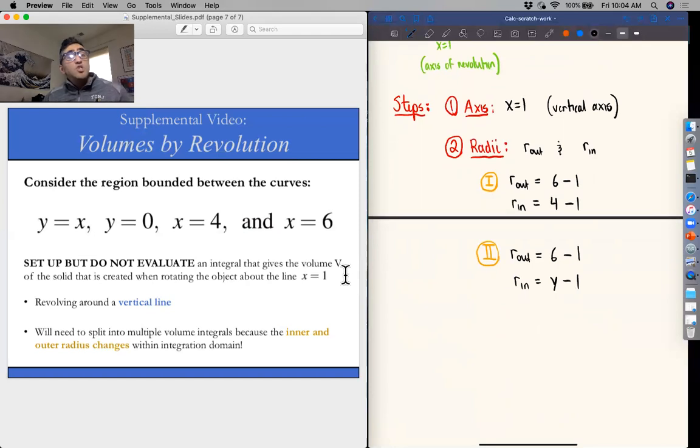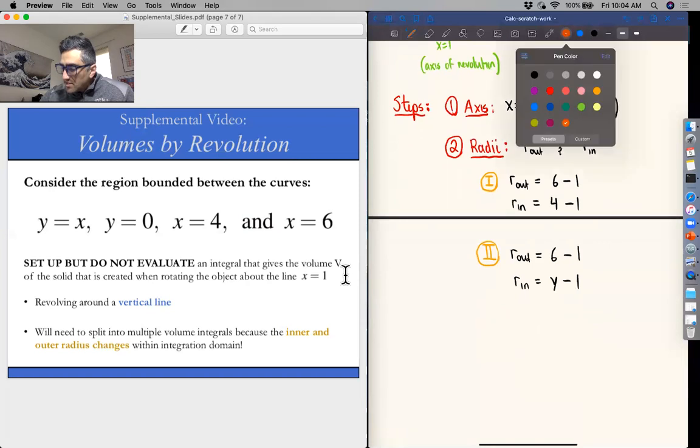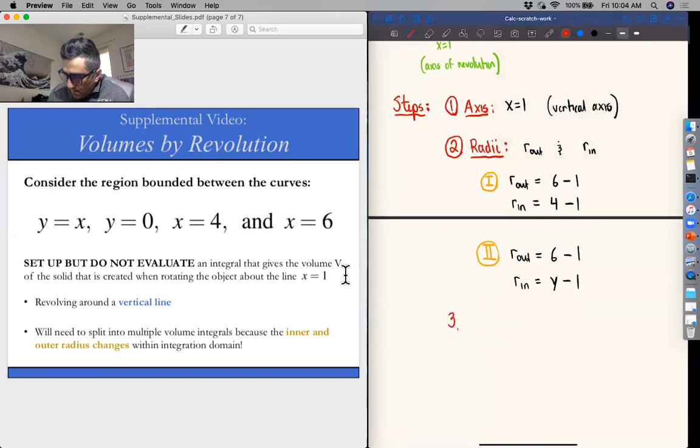And again, we have two separate volume integrals now because we have that piece on the bottom that we're revolving and we have that piece on top as well. So finding the bounds, we have to think about a bit because we have two separate volume integrals in total. Our integrals will have different bounds depending on whether we're in region 1 or region 2.